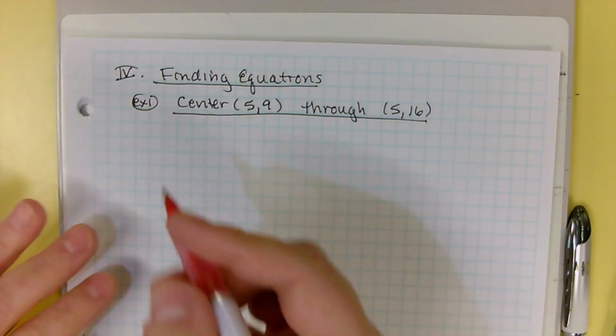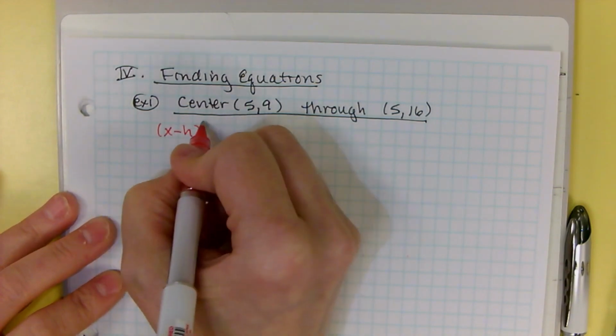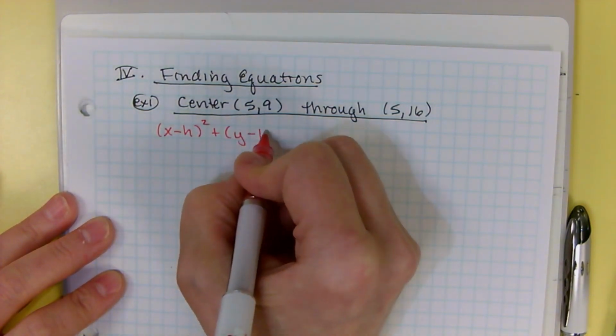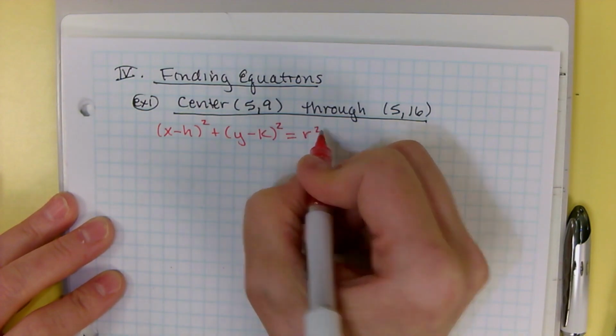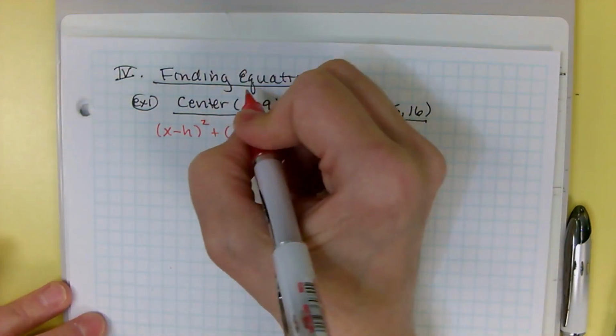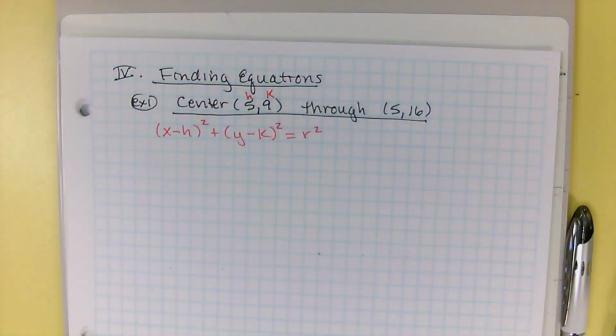Our standard form is (x minus h) squared plus (y minus k) squared equals r squared. They've given us h and k, which is 5 and 9, so that's easy. What we need is the radius.